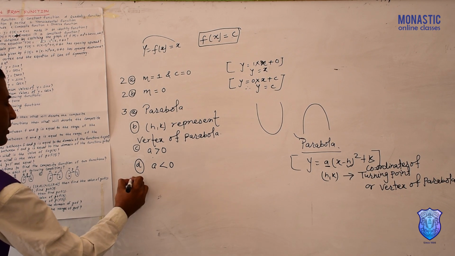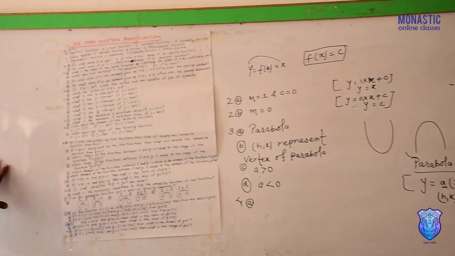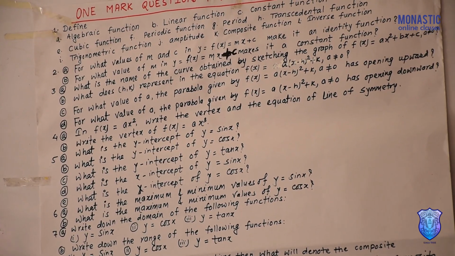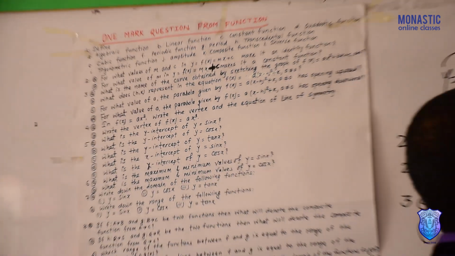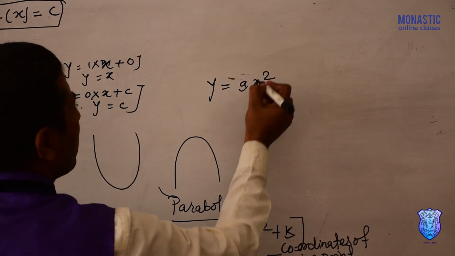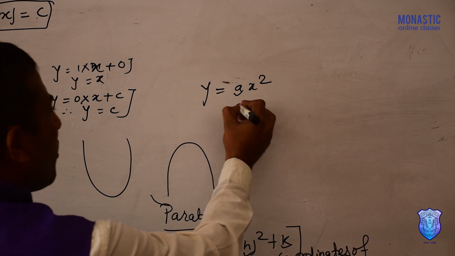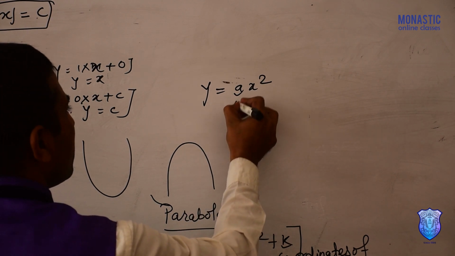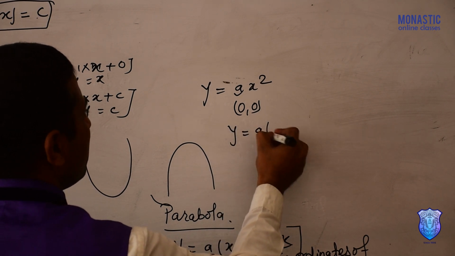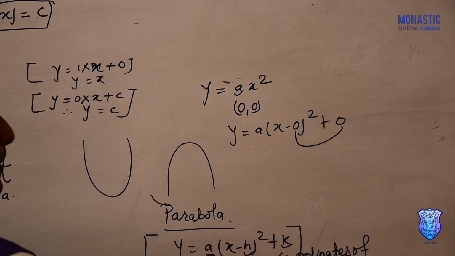Now, question number 4a. You have an equation f of x equal ax square. Whatever the value of a, we treat any constant value, the center is always 0, 0. Because if you arrange this in this form, the center becomes 0, 0.